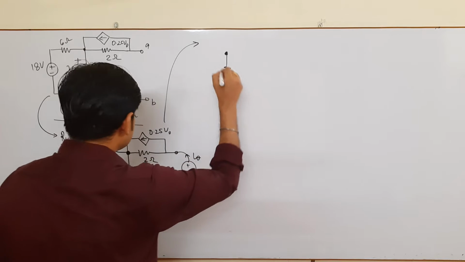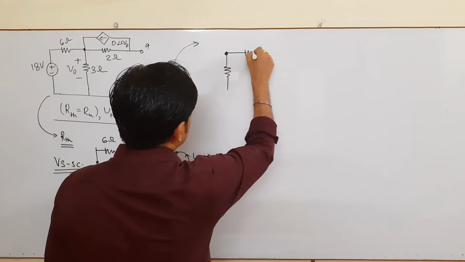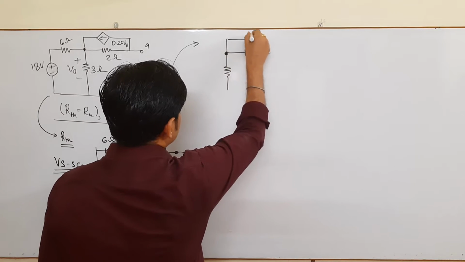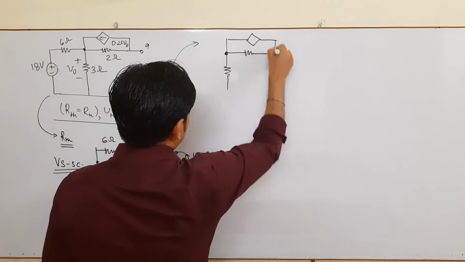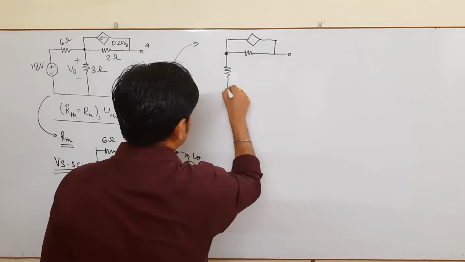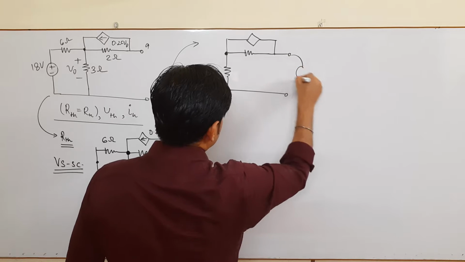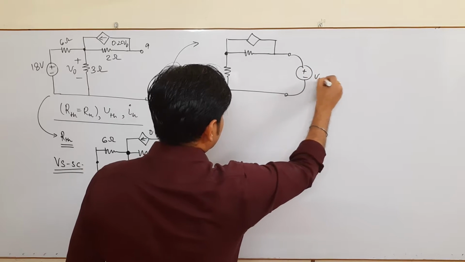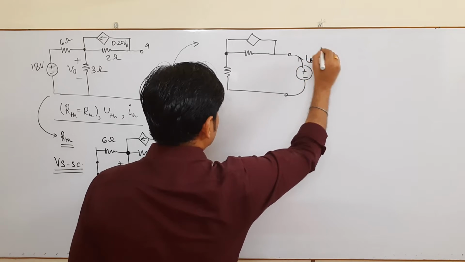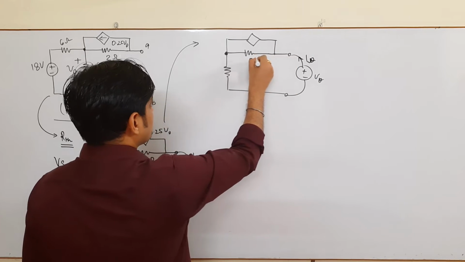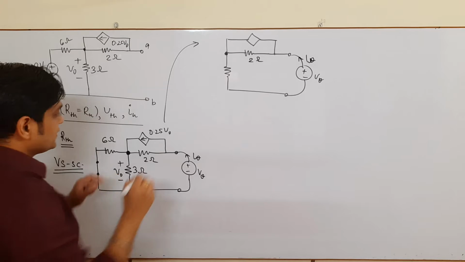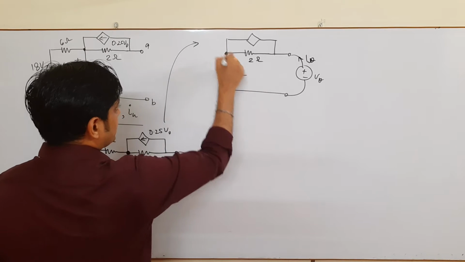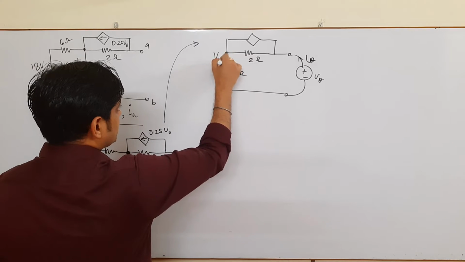Here is one resistance, this is your current source, and here is your V theta and I theta. This is your 2 ohm resistance, since the parallel combination of 6 and 3 comes to be 2 ohm, and here is the voltage V naught.